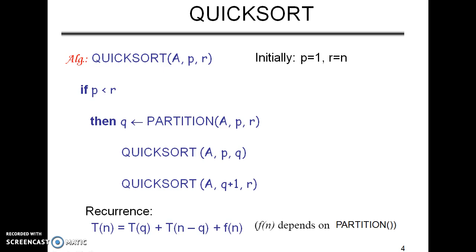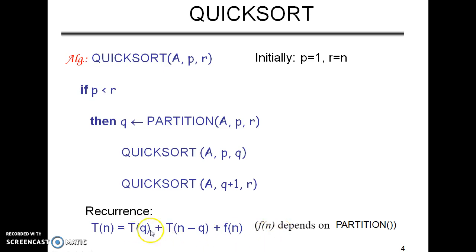Here we check the base case, then partition the array into two sub-arrays. We find the position Q by partitioning A with respect to P and R. Then we call quicksort for the array A with indices P to Q and quicksort for A with indices Q plus 1 to R. The recurrence for quicksort is T(n) = T(q) + T(n minus q) + f(n), where f(n) depends on the partition.